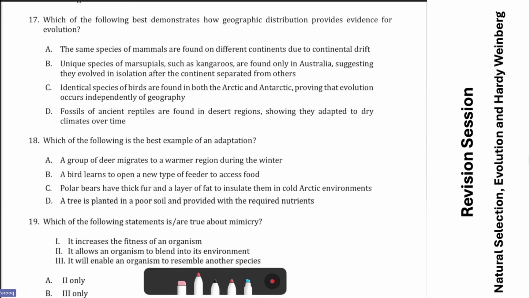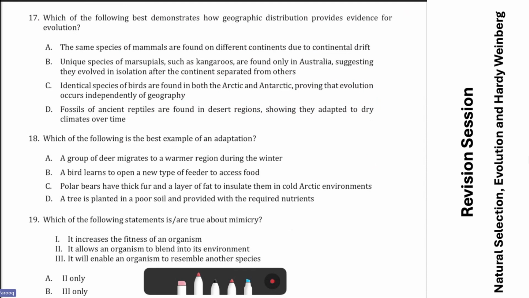Then question number 17: which of the following best demonstrates how geographical distribution provides evidence for evolution? So first of all, we need to know what geographical distribution means. Geographical distribution means how they are spread about, how they are distributed across the world. Normally, if you remember the example of the finches, they have different beaks on different islands.